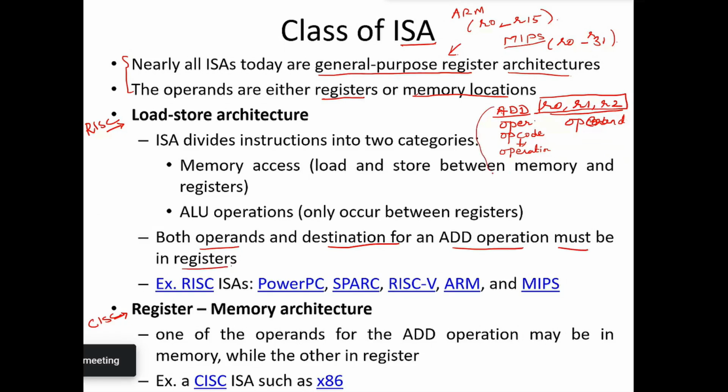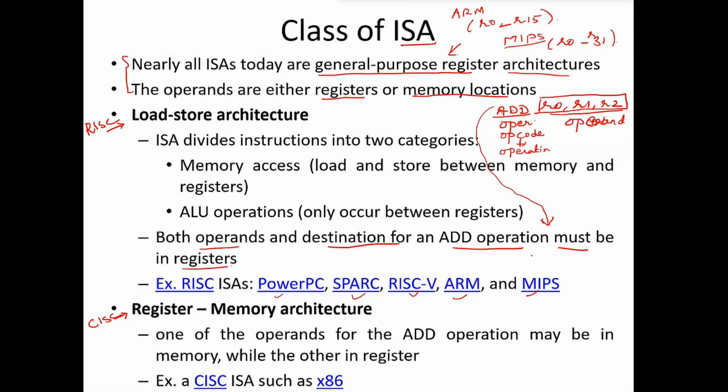Clear? So when you take the load store architectures, they have given us PowerPC, SPARC, RISC-V, ARM or MIPS. Those all come under load store architectures, wherein it will take the operands in the registers. You people may have a doubt.